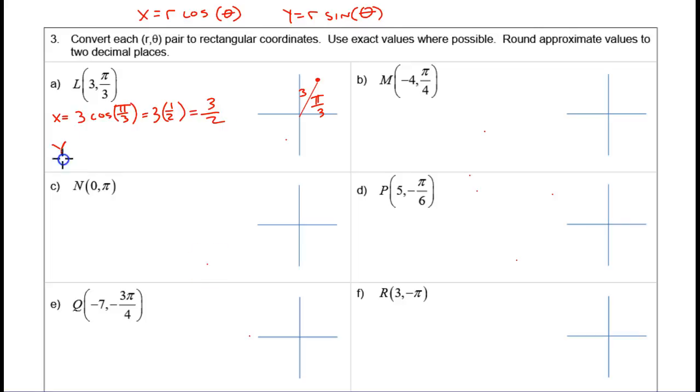For the y coordinate, we have 3 times the sine of pi over 3, and that's 3 times root 3 over 2, which equals 3 root 3 over 2. So there's our new xy pair, 3/2 for the x coordinate and 3 root 3 over 2 for the y coordinate.